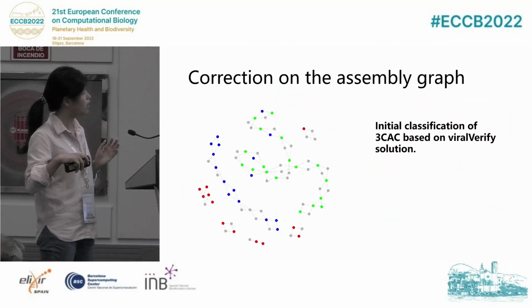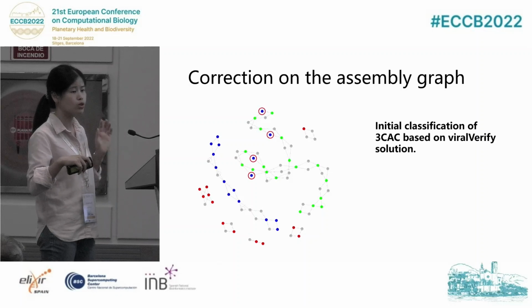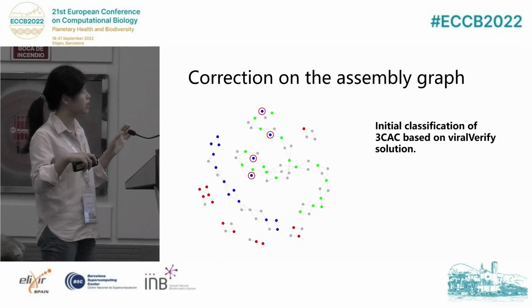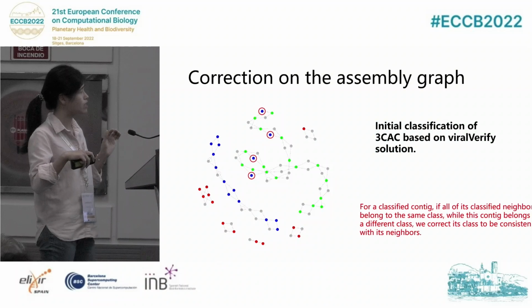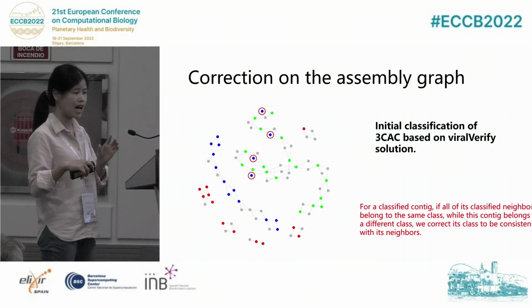So here is an assembly graph with the initial classification of 3CAC based on viral verify, and I will show how we do correction. In the correction step, we check each classified contig in the assembly graph. If the classified contig has more than one classified neighbor, and all the classified neighbors are of the same class, but this contig was classified into a different class, then we think this contig may be wrongly classified.